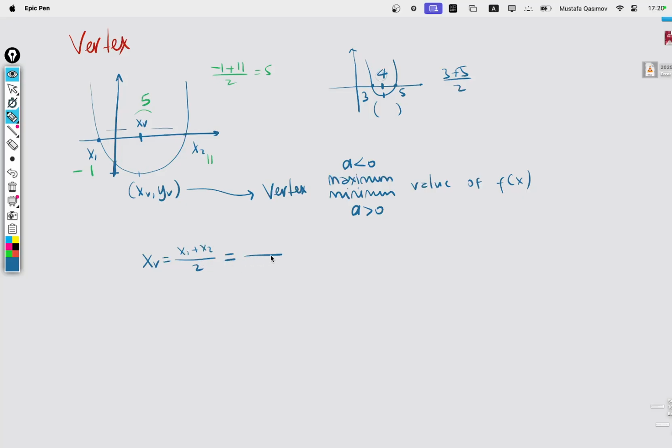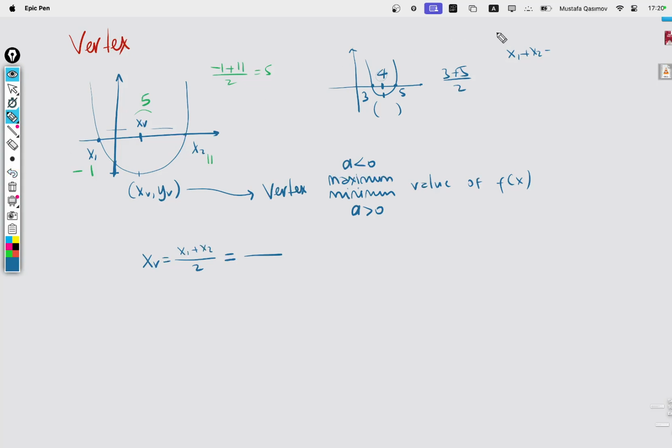And we also have a second formula. We know Viete, right? What's the value of x1 plus x2 from Viete? I hope you know Viete. It was minus b over a.